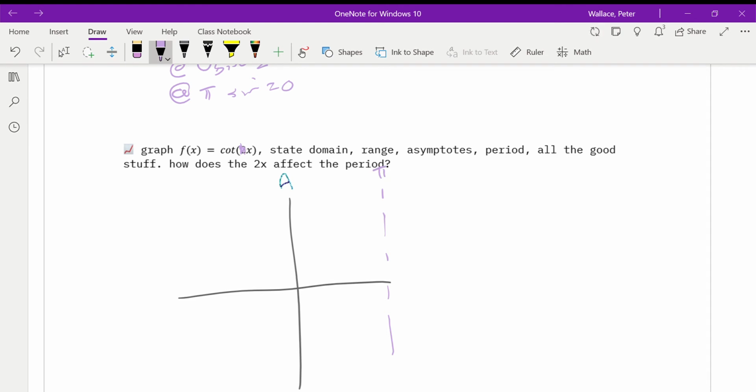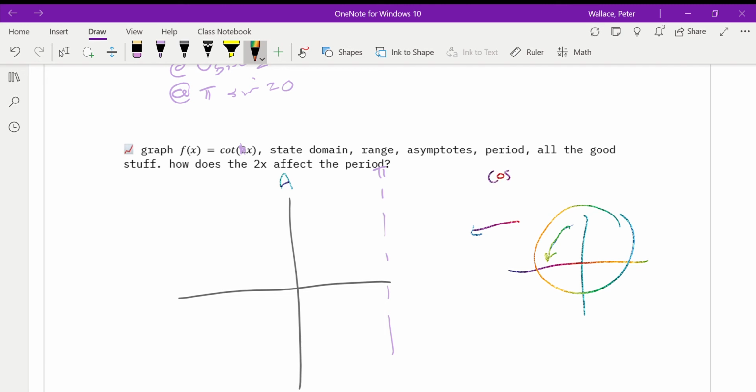Now, let's investigate what's going to happen at pi first. So at pi, I'm again going to make my unit circle over here. We're headed in this direction, and our cosine is getting big, and our sine is getting small.